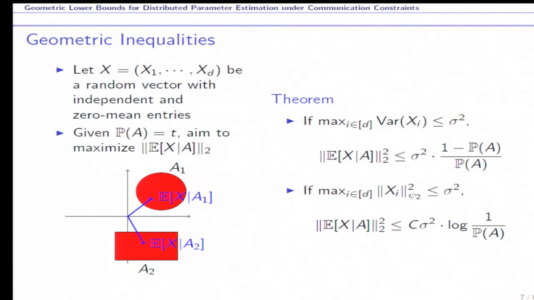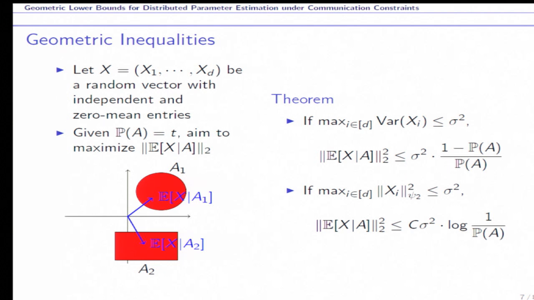For example, if we only have the variance control, we have this inequality. You can see that the dependence on the probability of A is linear. And if we have a sub-Gaussian tail of each x_i, our dependence will be logarithmic. It is because of the geometric inequalities that we get different results for different score functions.